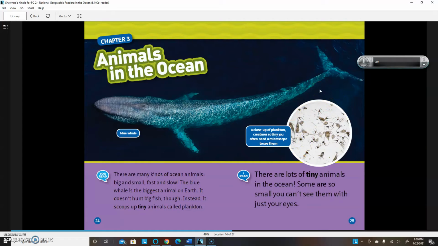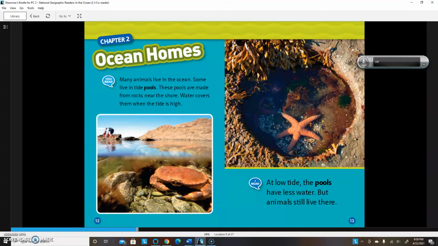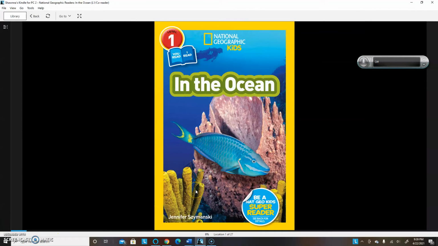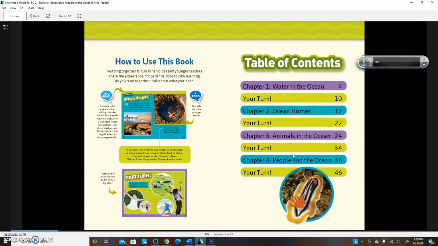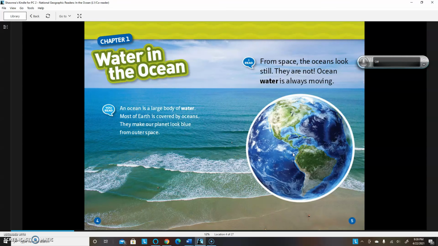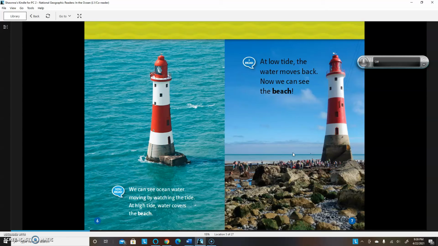And then we would move into the next step, which is read. We're going to read this book with our questions in mind. So we want to look for the answers to our questions as we are reading. We would read through, and maybe we can't find the answers to some of our questions. That's fine.